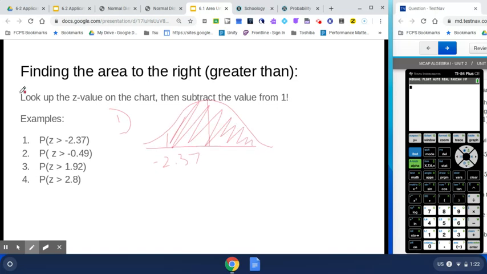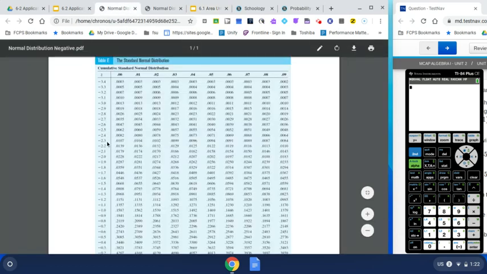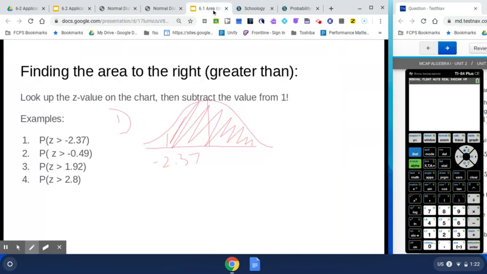All right, let's go to our negative z-chart and look up negative 2.37. And I see that is associated with the probability of 0.0089. Now, that is the area to the left of negative 2.37. We see that this is not the area that we want. We want everything else.